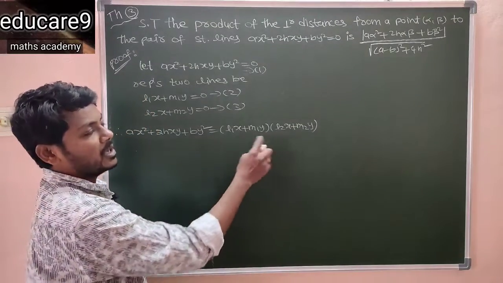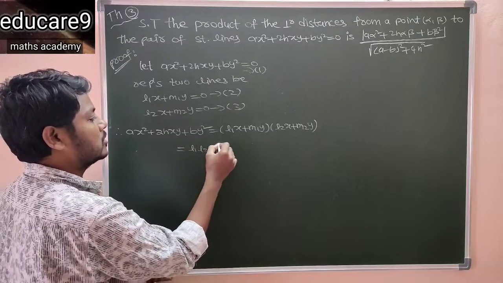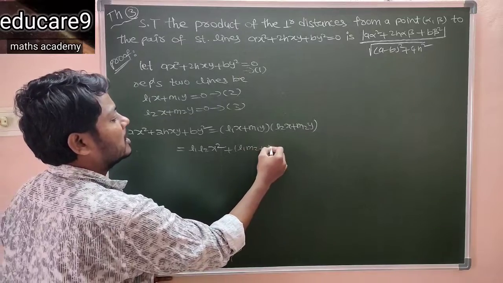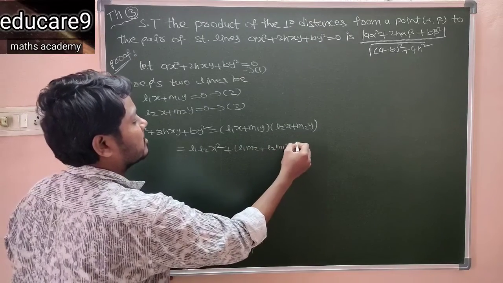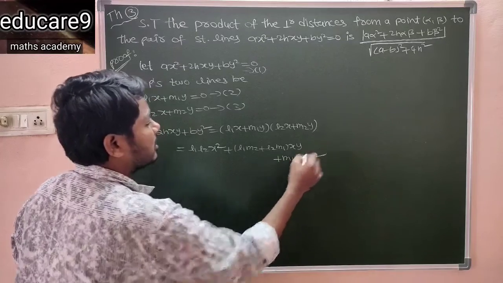Now the product of these two lines. What you get is L1 L2 x square plus (L1 M2 plus L2 M1) xy plus M1 M2 y square.